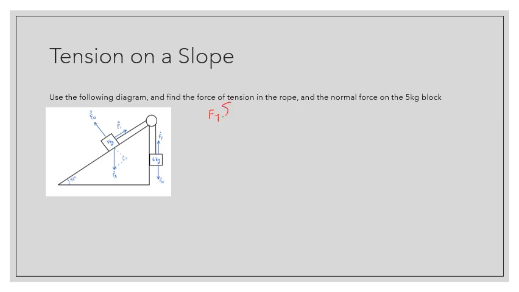In order to do that, we'll have to create a system of equations, and manipulate those equations to give us the force of tension. So for system 1, we know that the mass is equal to 5 kilograms. So F net is equal to Ft minus Fg sine 45.